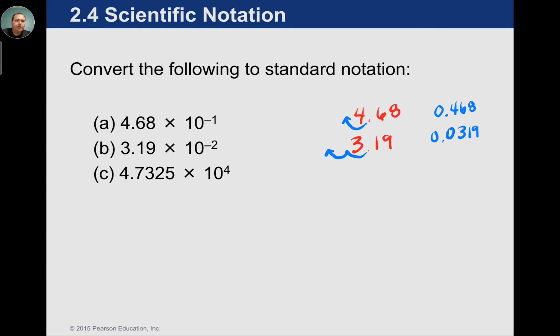And here we have a larger number, 4.7325. Positive 4 powers, so +1, +2, +3, +4. So we're going to end up with 47,325.